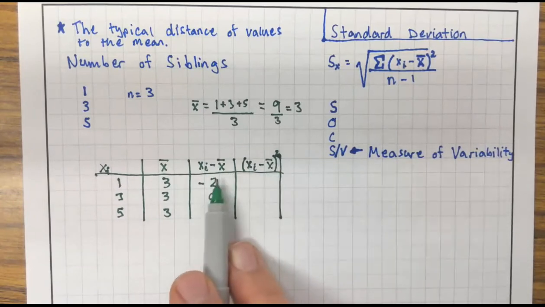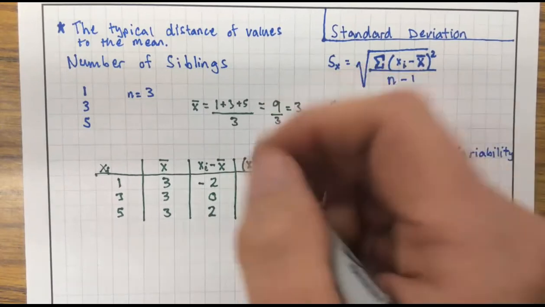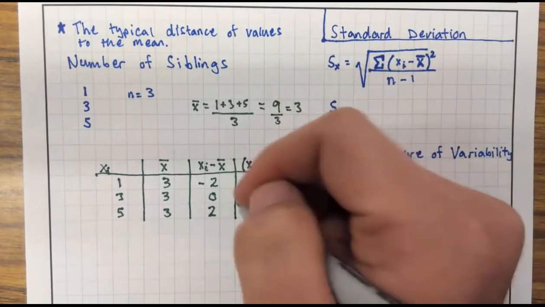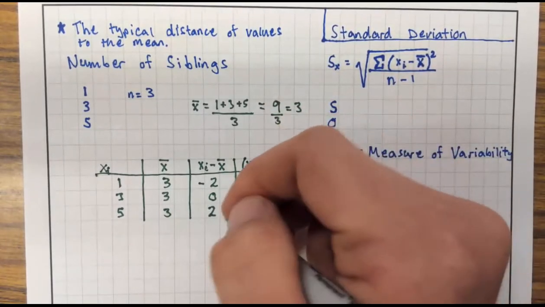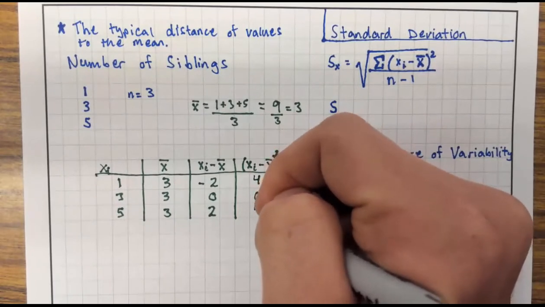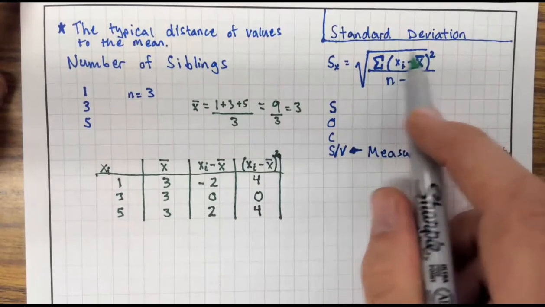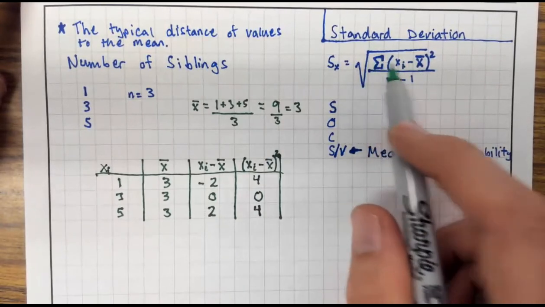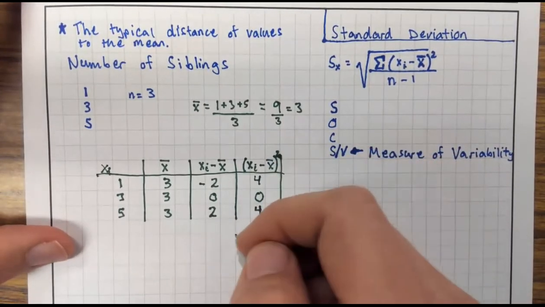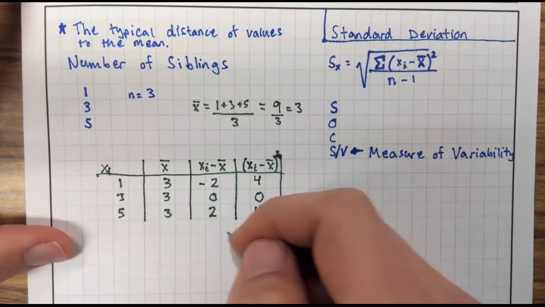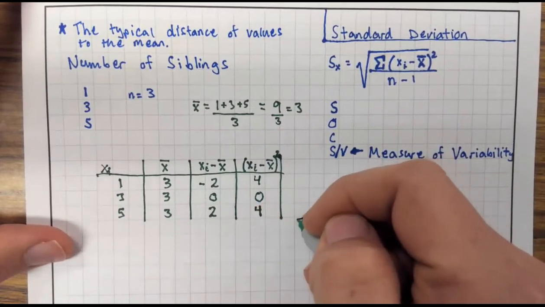So hey, if I square these values then, I've got negative 2 squared for positive 4. 0 squared is just 0. 2 squared is also 4. Okay, so now that we have this part done, we just need to find the sum of that. So the sum of this column, or maybe I'll just write it over here.